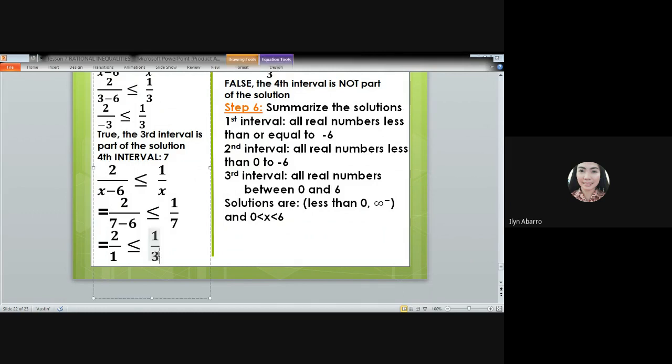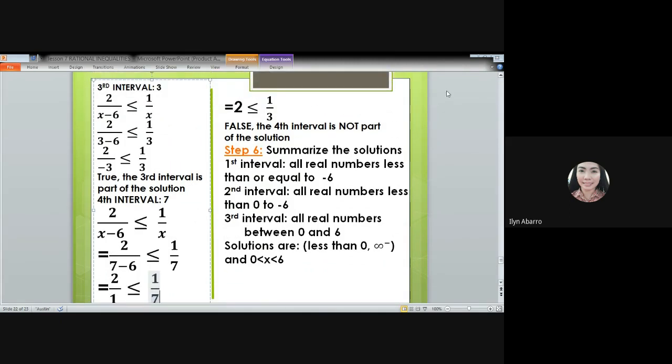It should be 7. 1/7. Okay. 2 over 1 is 2. Is less than or equal to 1 over 7. Okay. And that is false. 2 is of course greater than 1/7. So the fourth interval is not part of the solution.